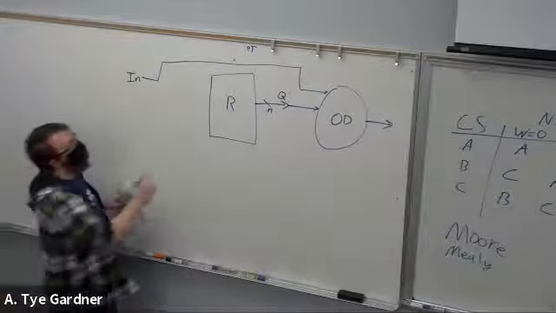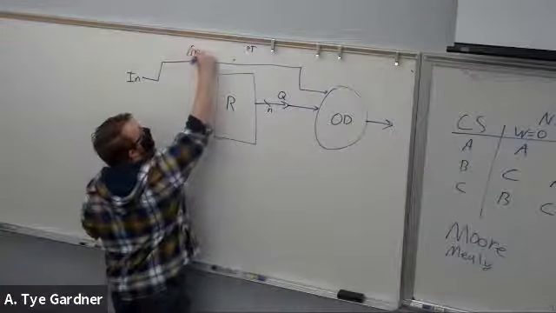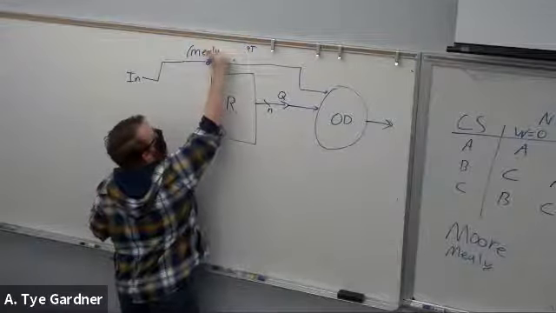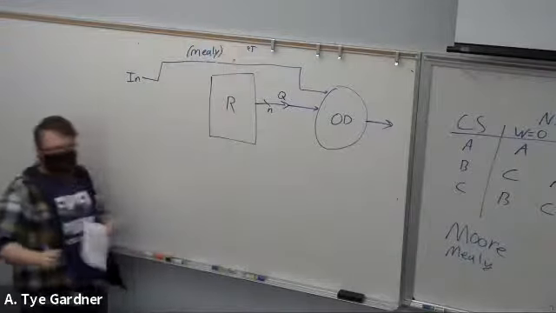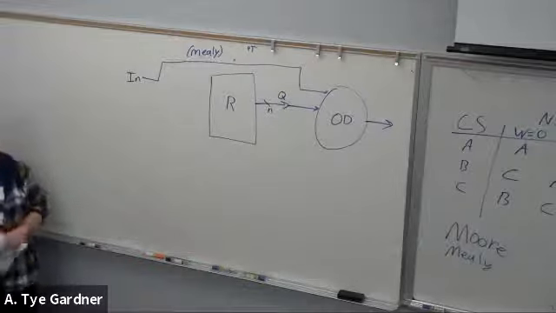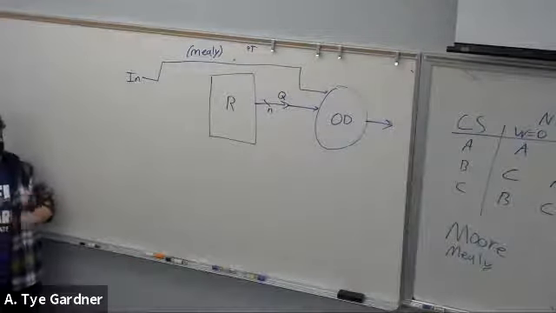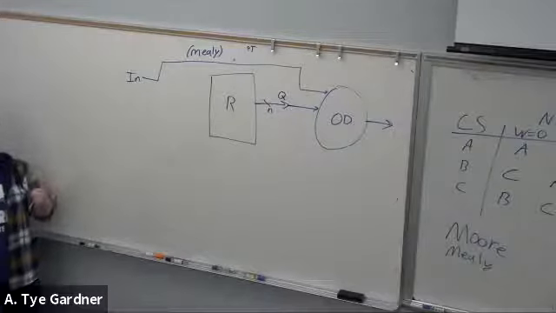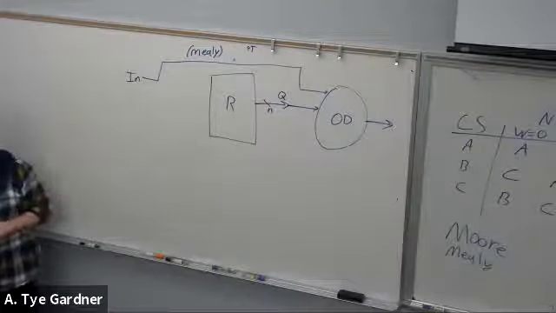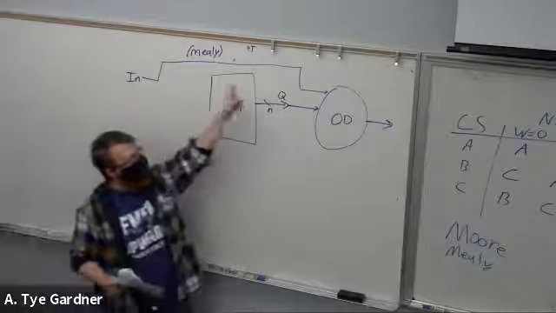Now, this up here only exists if you're a Mealy machine, right? Because on a Moore machine, I don't care what the input is for the output decoder. I only care what the current state, Q, is. So this data path is optional.